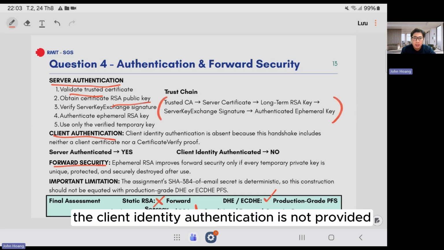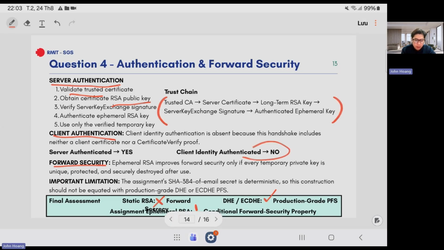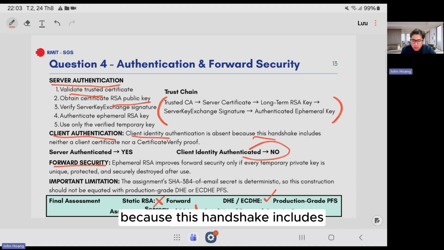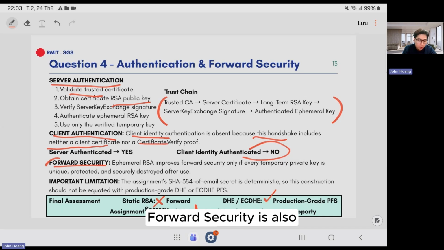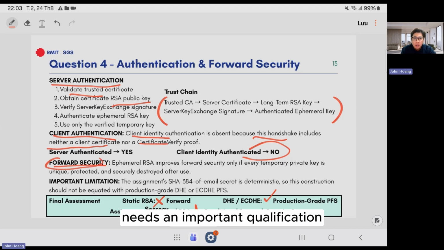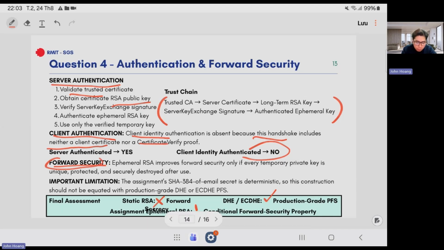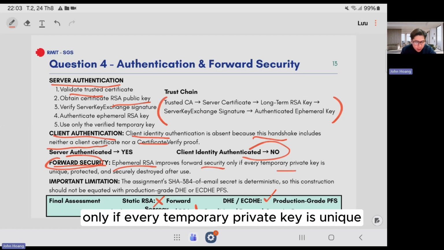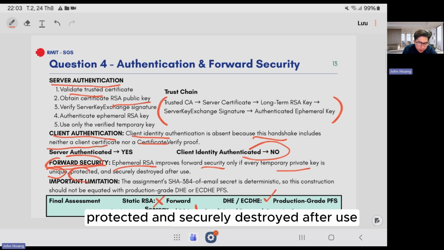However, client identity authentication is not provided, because this handshake includes neither a client certificate nor a CertificateVerify proof. Forward secrecy also needs an important qualification. Ephemeral RSA improves forward secrecy only if every temporary private key is unique, protected, and securely destroyed after use.